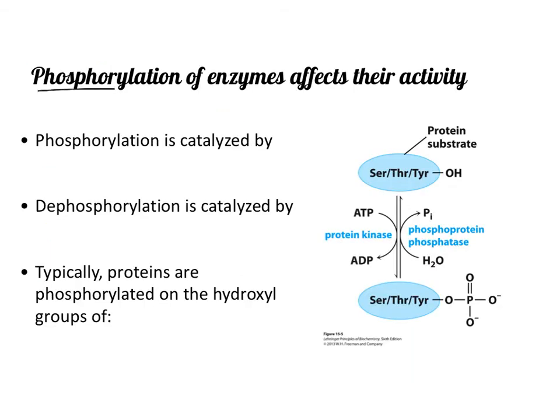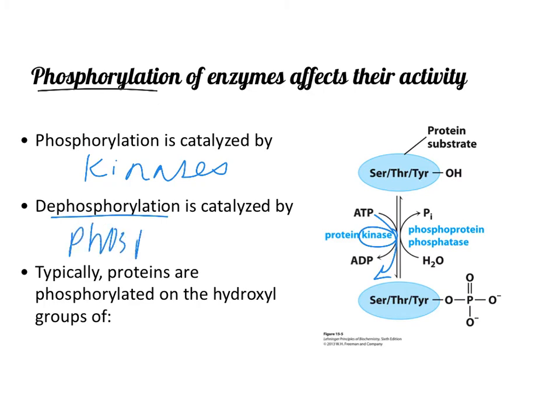And phosphorylation is a way of regulating enzymes. Phosphorylation, where you add on a phosphate group, is catalyzed by kinases. This is just vocab. So a kinase will add a phosphate to a protein, and dephosphorylation is catalyzed by phosphatase.